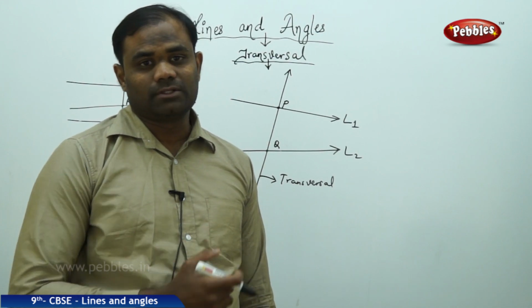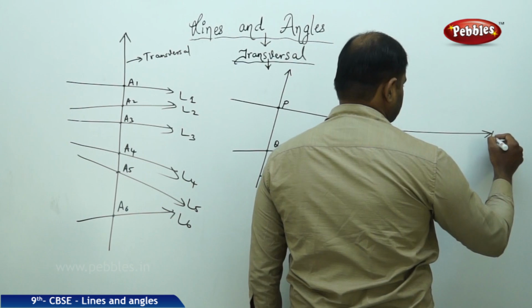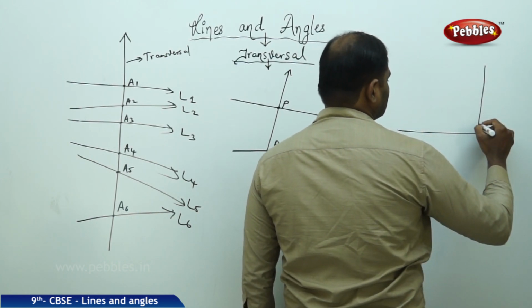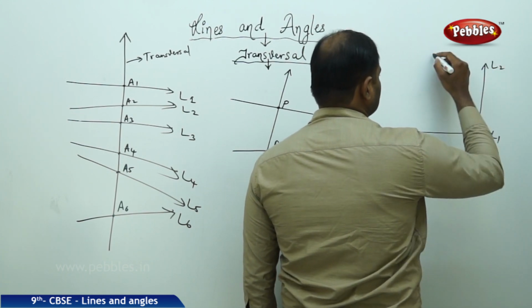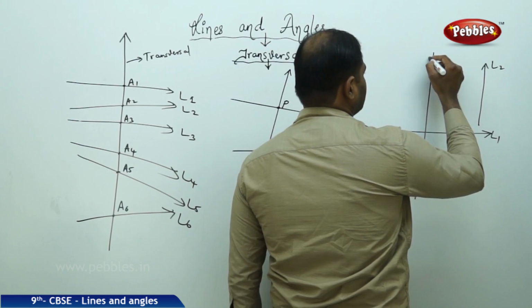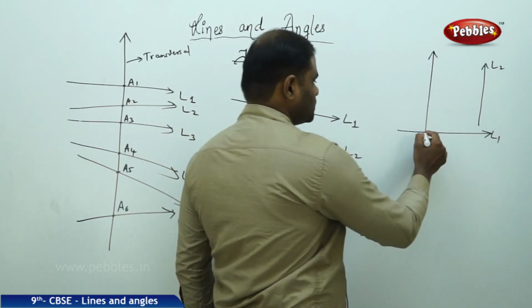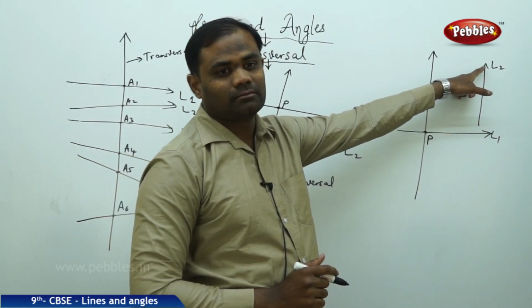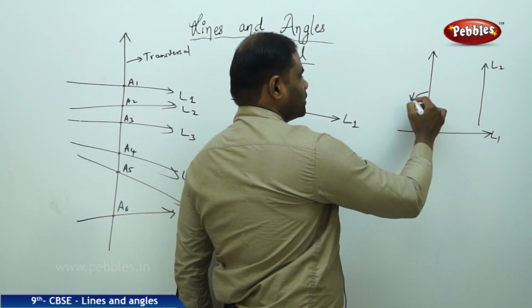This is how we understand this. Imagine I have a line L1 and line L2, and here I have a line which cuts L1 at P but does not cut the other line. Therefore, this cannot be a transversal for L1 and L2.